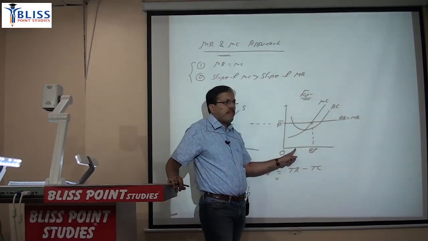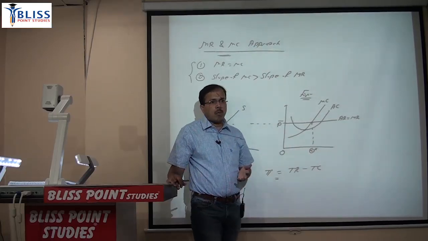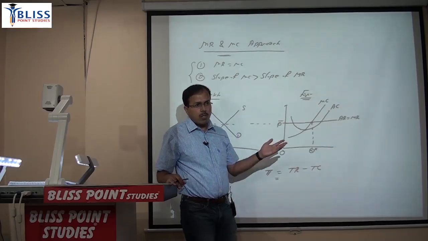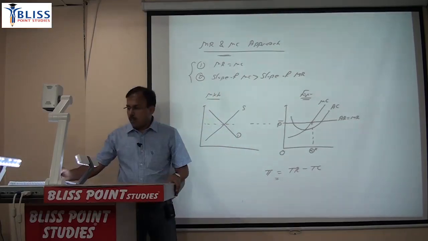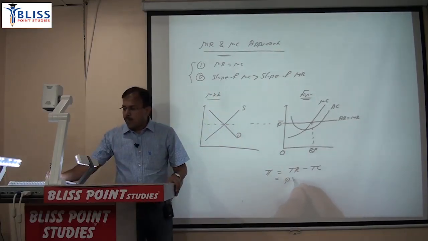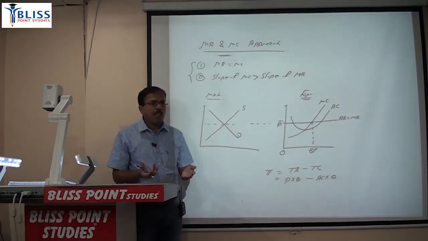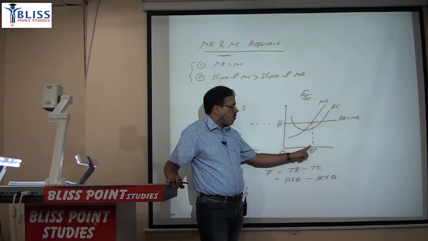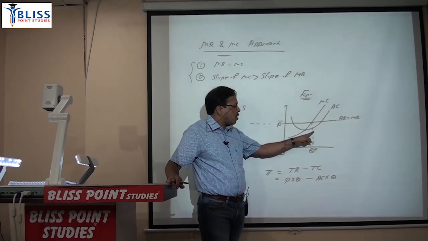That will be the area of revenue. What is the area of total cost from this diagram? For TR you multiplied price with the quantity. For total cost you multiply average cost with quantity, per unit into quantity. So quantity is this. How much is average cost for this quantity? Average cost is this.